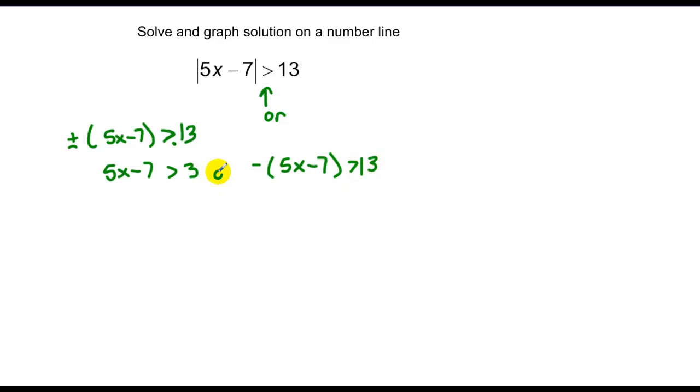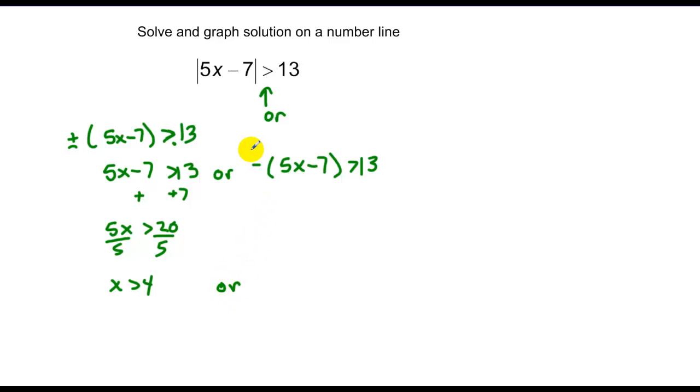It's an or. So I add 7 to both sides, 5x greater than 20. Dividing, x greater than 4.